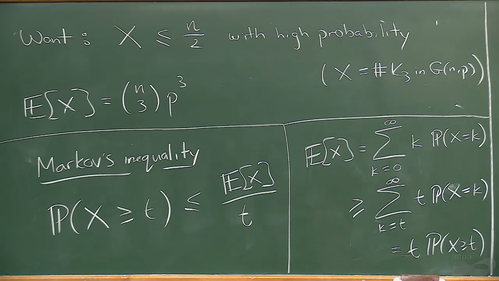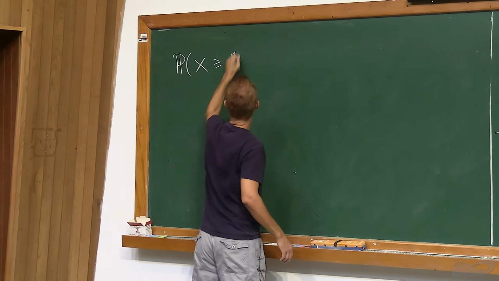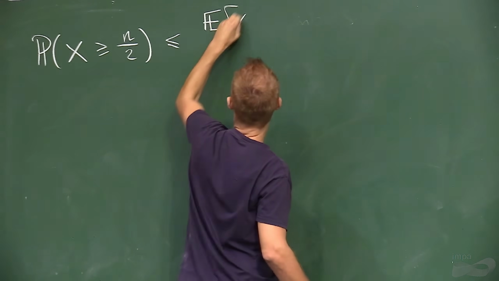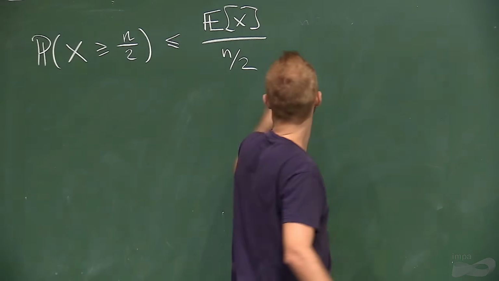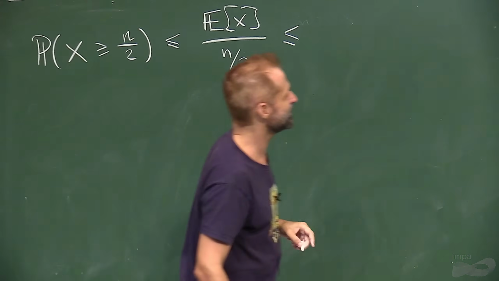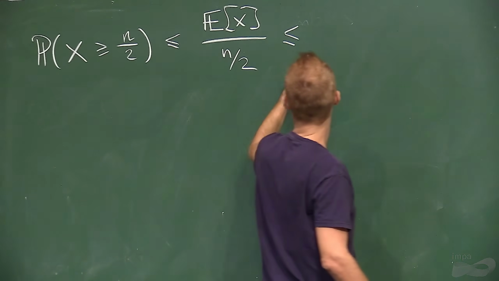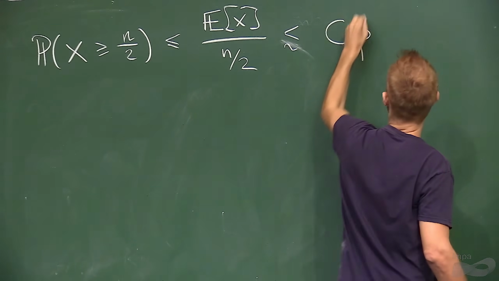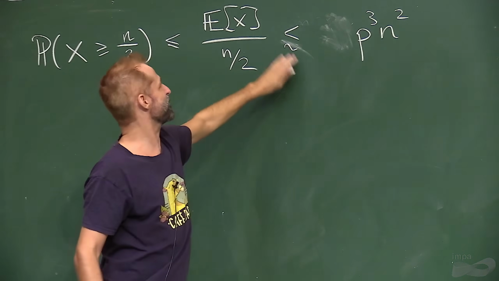Okay. So now what? The probability that X is at least n over 2 is at most the expectation of X divided by n over 2, which is at most, so expectation of X is p cubed n cubed, up to some constant factor, p cubed n squared.